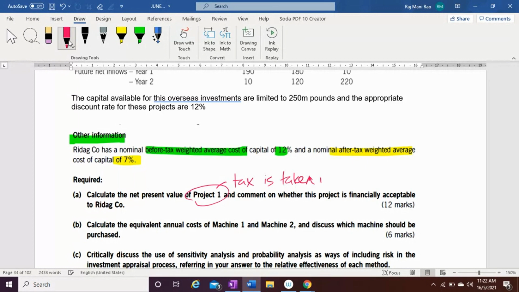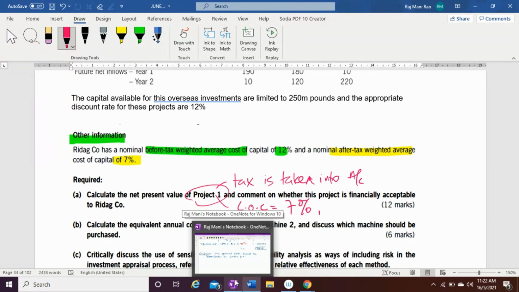So the cost of capital will be what? 7%. We take the after-tax weighted average. If you do not take tax into account, then you use 12%. Understand or not?